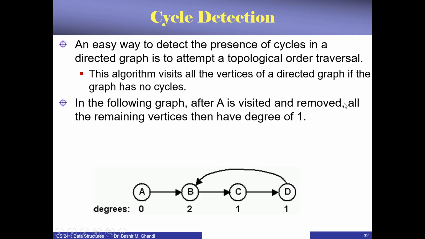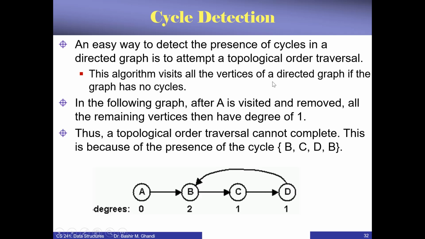This is all there is to this subtopic, just to show you that you can use topological sort to detect whether a graph has cycles or not. Therefore topological order traversal cannot complete in this graph, and the only conclusion is because of the presence of the cycle BCD, as I already explained.